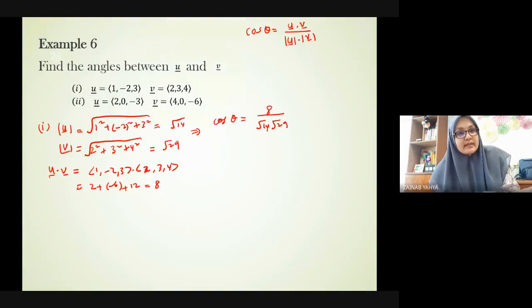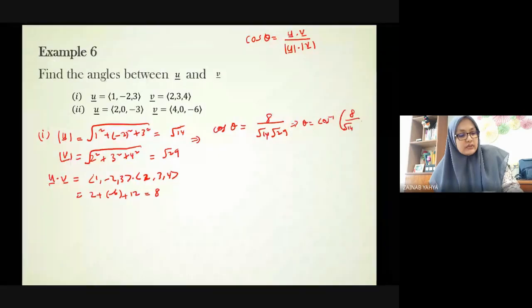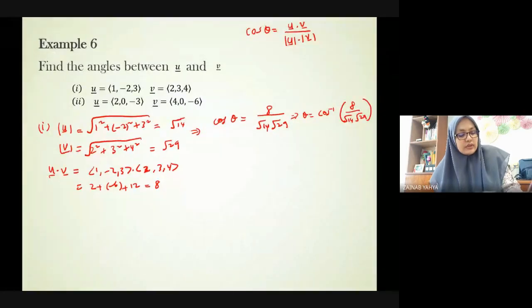So for the angle, we want the theta only. So theta equals cos inverse. You can just straight away use your calculator.